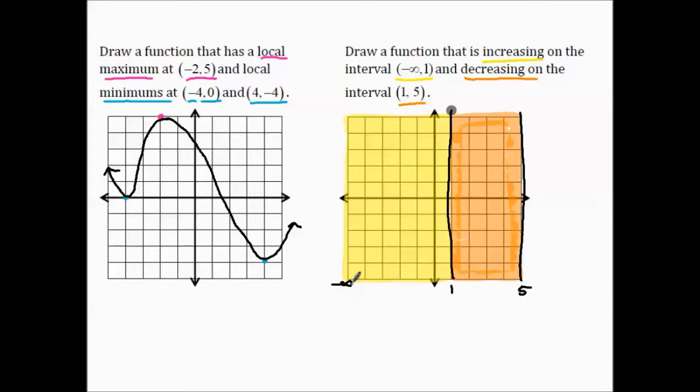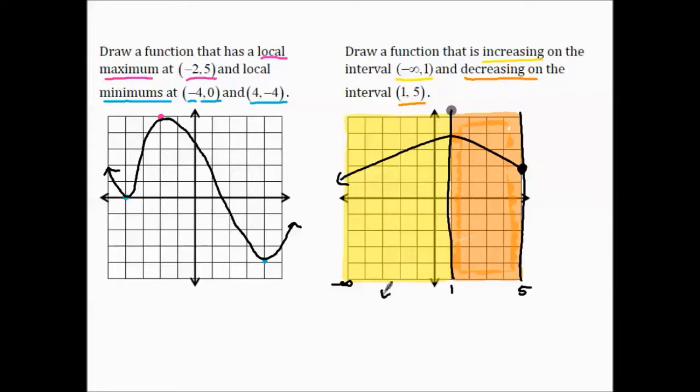So there are actually infinite answers for this. A couple key things you need to make sure of. It needs to be only increasing in the yellow section. It needs to be only decreasing in the orange section. You need to make sure you have an arrow on the left side since it continues on forever. And you need to make sure that the function stops on the right side. So you could have a function like this.